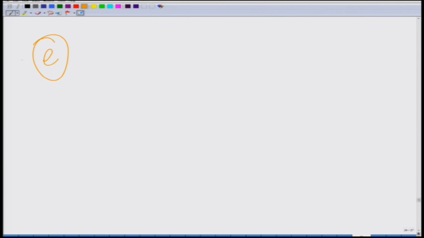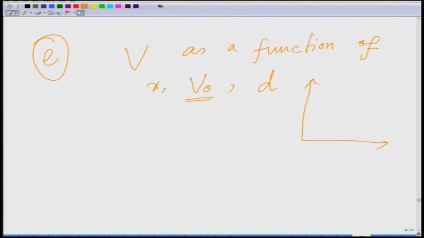In part E, you are asked to find out the solution for V as a function of x, V naught, where V naught is the potential at the anode, and the separation distance d, and then you have to plot V(x), and then compare it with the case where we are not dealing with the space charge.